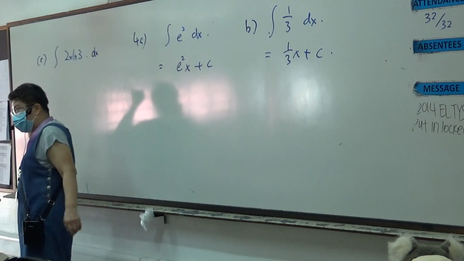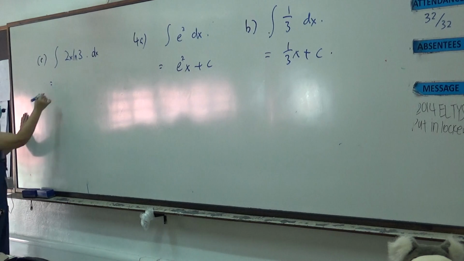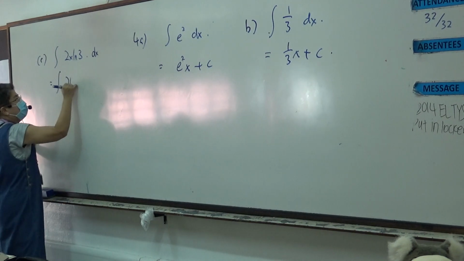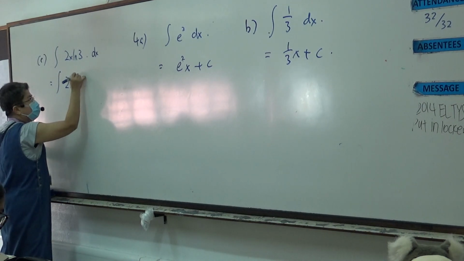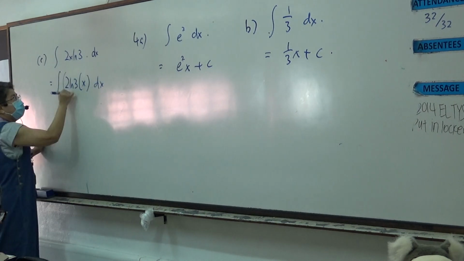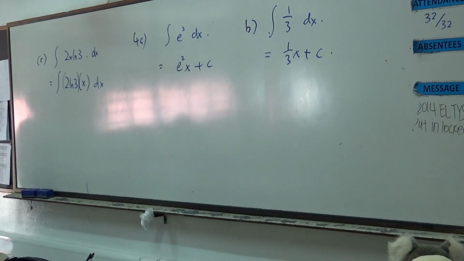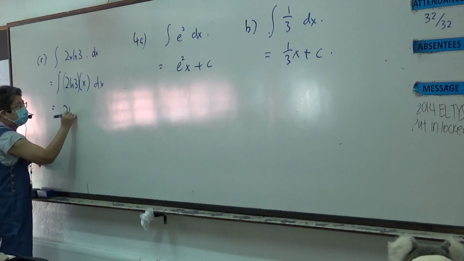Wait, I must write dx, I forgot. Now, I can rewrite this on top. That means I have a constant times x, dx, right? Agree?